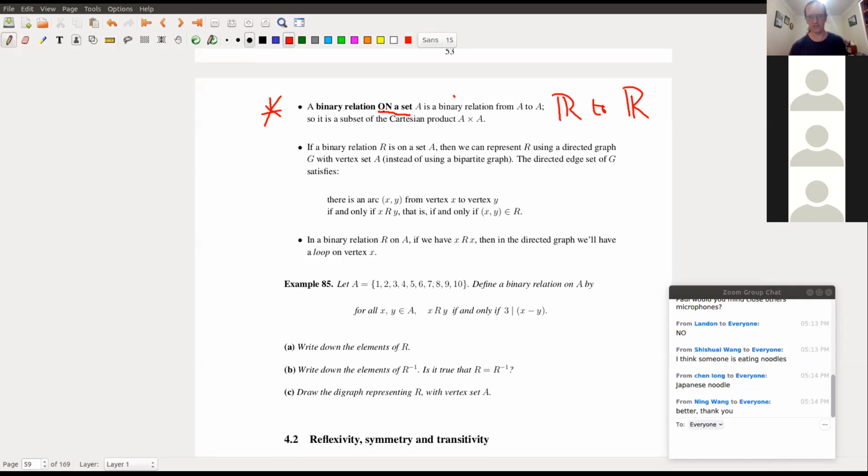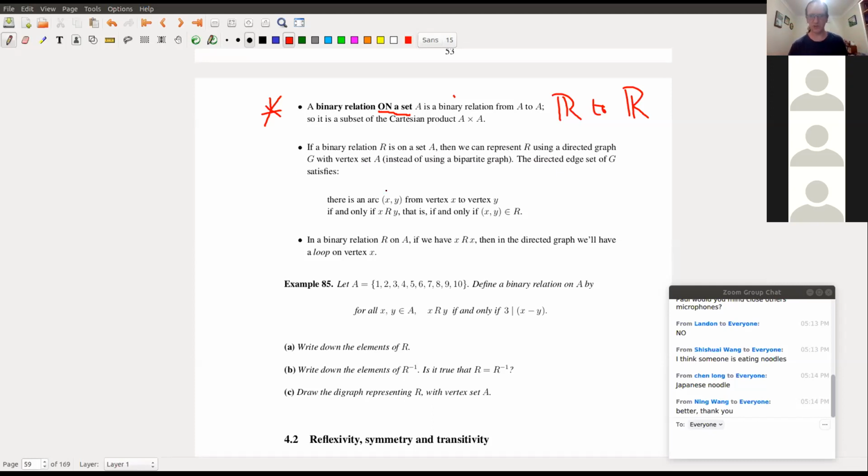That's why we've got the all caps here. If a binary relation is on a set A, we can interpret it using a directed graph again, with vertices at A, instead of using a bipartite graph. So this time we're not going from two clumps of vertices, we're going from vertex to vertex.